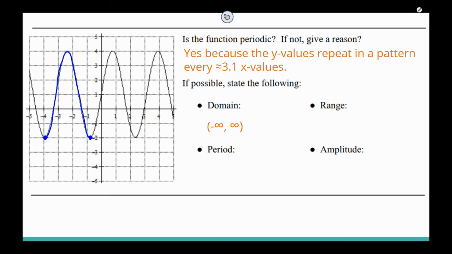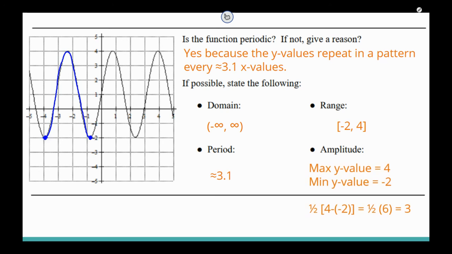What's your smallest y value? -2, and your greatest y value? 4. So it's -2 to 4 included. We already said the period was about 3.1. What's going to be my amplitude? 3. Yep. Between -2 and 4 are 6 numbers. Half of that is 3.